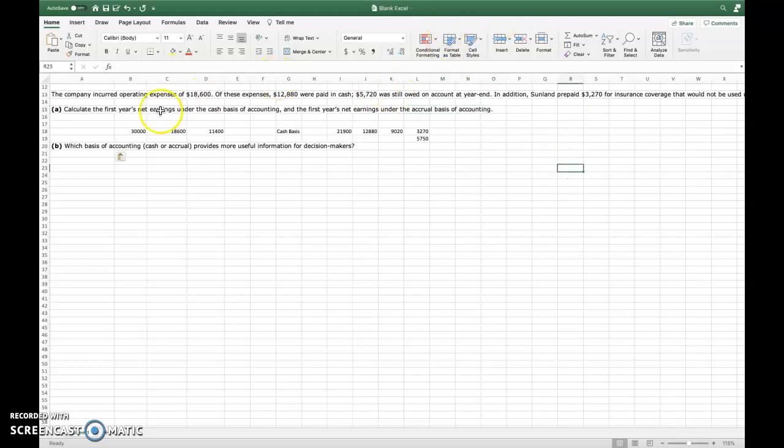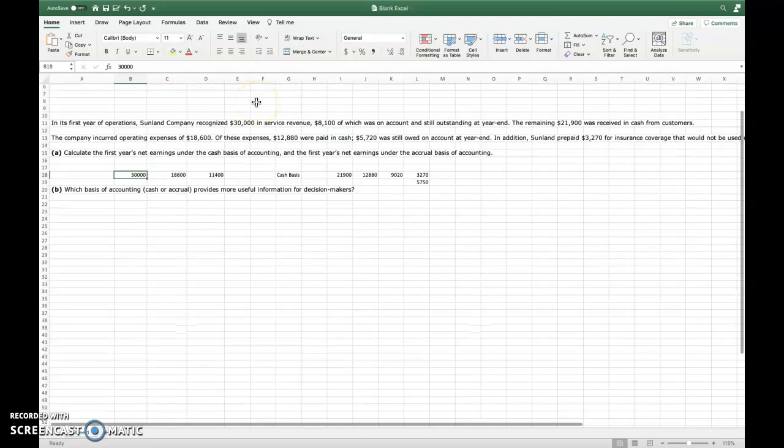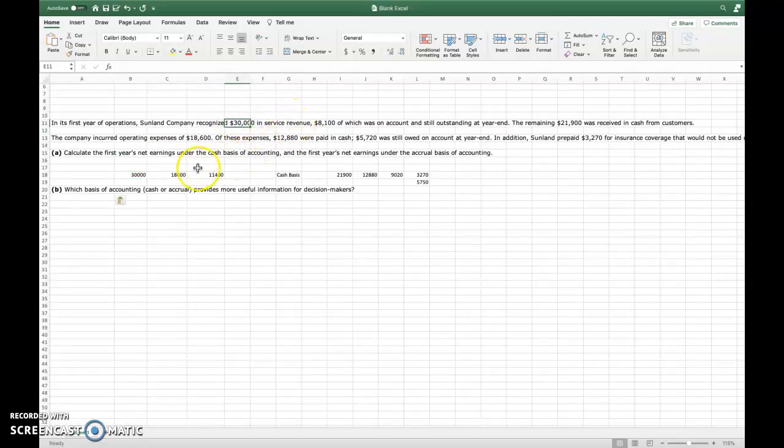So basically that's just going to be the basic income statement, where you take your service revenue, which is 30,000, and subtract our overall operating expenses, which is 18,600. When we do that, we get 11,400. So that will be our net income for accrual-based accounting.